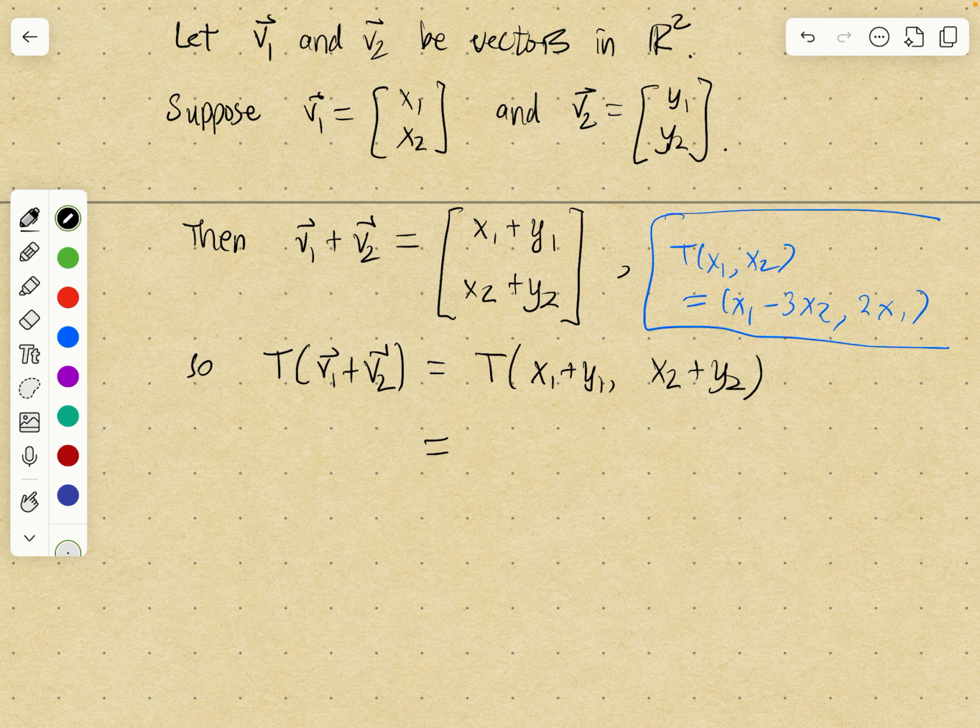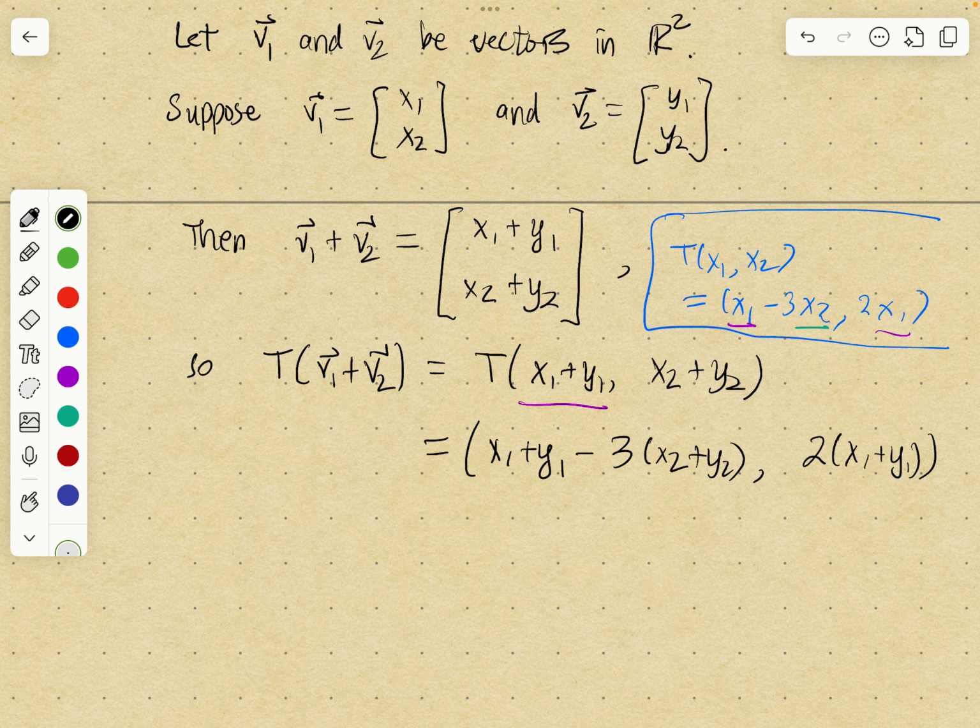So what am I going to get? The first component is x1 plus y1, and then minus 3 times the second component, which is x2 plus y2. And then comma 2 times the first component. My first component is x1 plus y1, so I'm going to get 2 times (x1 plus y1).